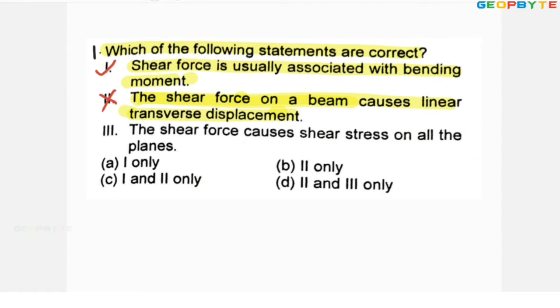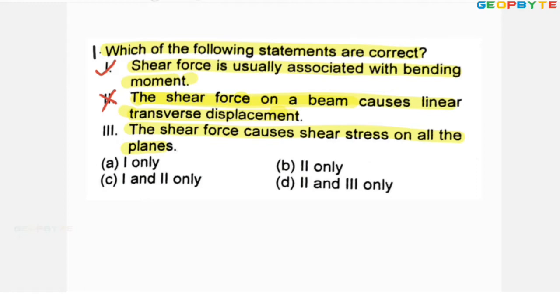Look at the third statement. The shear force causes shear stress on all the planes. No, on the entire plane the shear force is not causing shear stress.